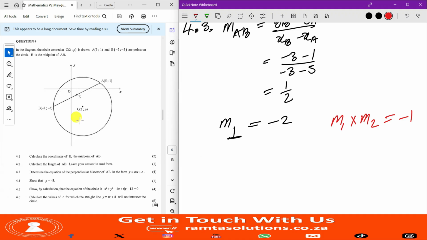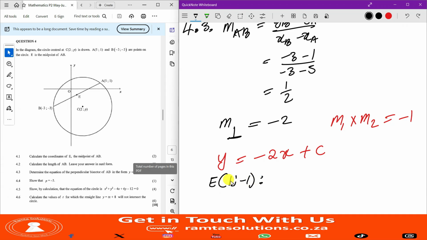Of course, from Euclidean geometry, you know that it will be drawn from E to C. We already know what point E is. Therefore, we'll say y equals minus 2x plus c. The coordinates of E are 1 and minus 1. Meaning, where there's x, you put 1, and where there's y, you put minus 1.